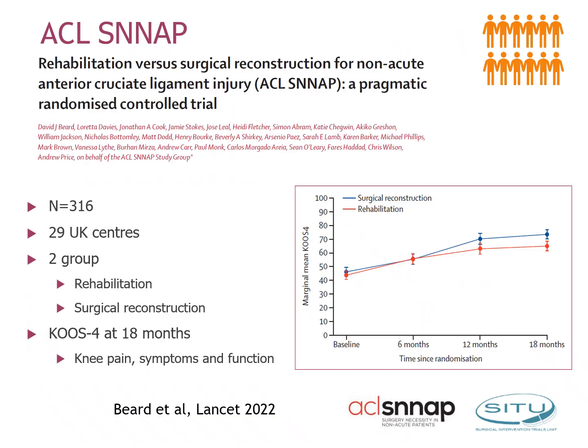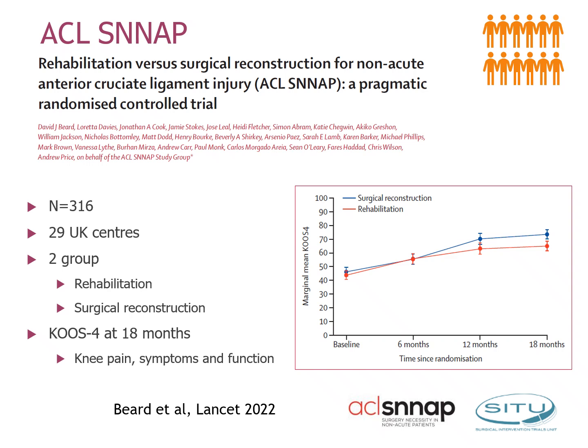A very different study, again conducted by the OCTRU Trials Unit in collaboration this time with SITU, the Surgical Intervention Trial Unit, in particular the Orthopedics and Plastics Group, and it focused on 2 treatments for anterior cruciate ligament injuries, and the study was called ACL SNAP.